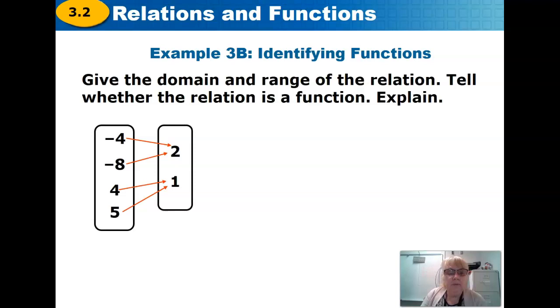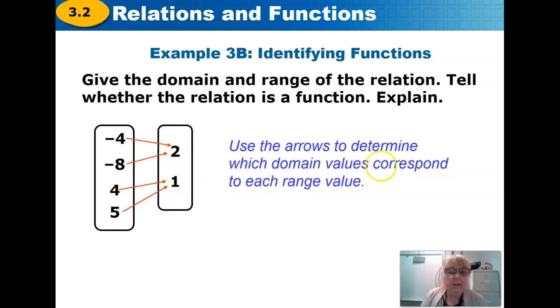And here we just have a different format, but look at how this goes. We have -4 goes to 2, -8 goes to 2, 4 goes to 1, and 5 goes to 1. So each of these domain values only goes to one value in the range. So this is a function.